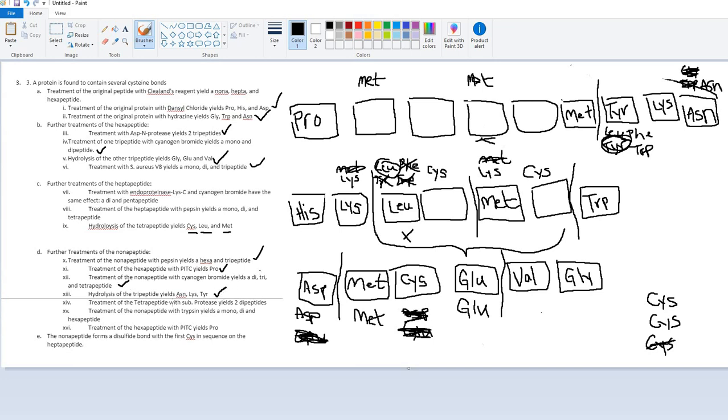And then it says that treatment of the tetrapeptide with subprotease yields 2 dipeptides. Now, subprotease cleaves at the C terminal of arginine. So to get either this pentapeptide, because there are 2 potential pentapeptides, this is the first one, and then this is the second one.